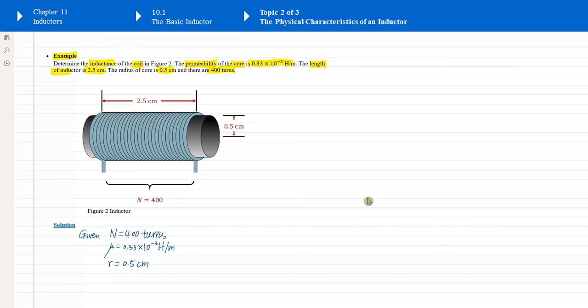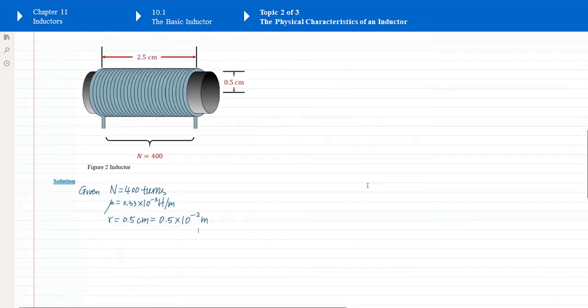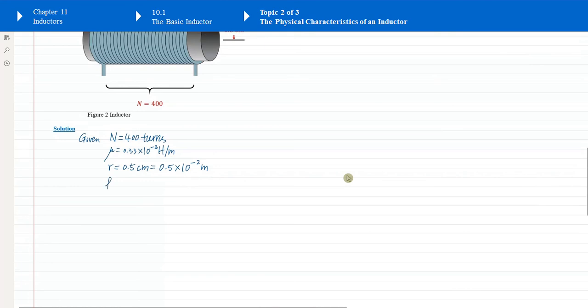Let's convert these to meters: 0.5 times 10 to the power negative 2 meter. And the length equals 2.5 centimeters, which is 2.5 times 10 to the power negative 2 meter.